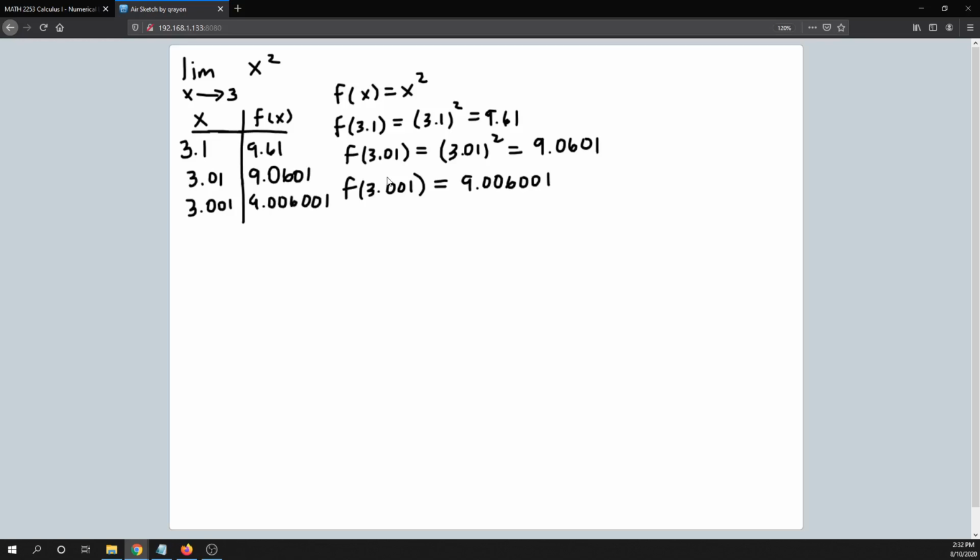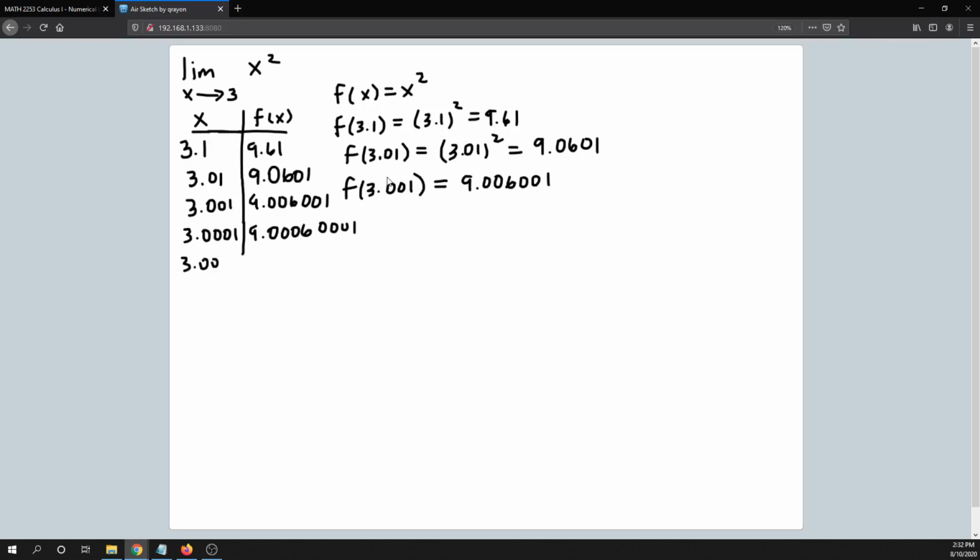You can see the pattern that's occurring right here. So I'm going to take a number that's even closer and plug that in, and when I do that, just like the ones before, you're going to get a value that looks like this.